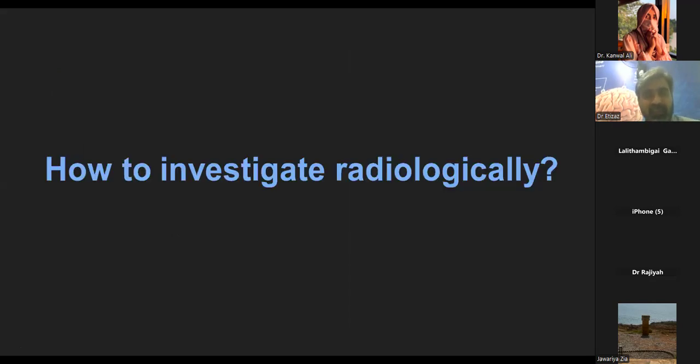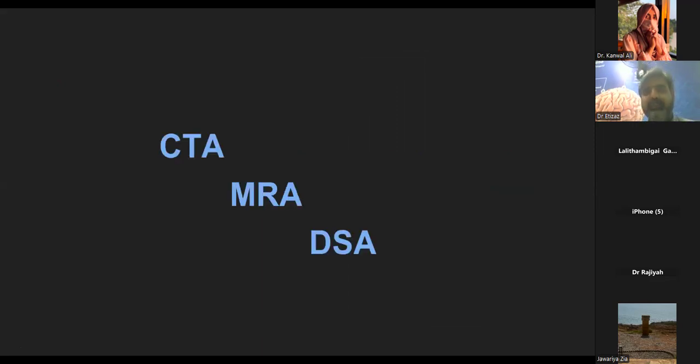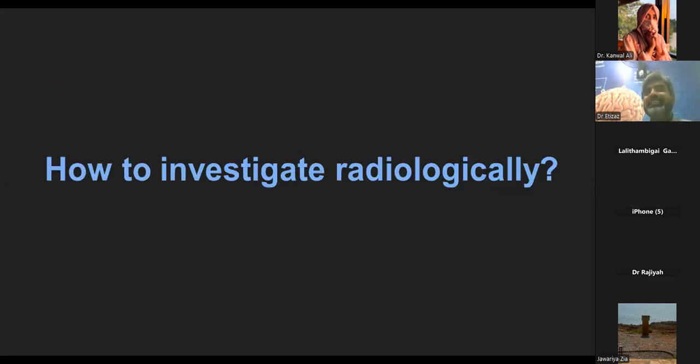So this is the test case. How to investigate radiologically in this patient? So radiologically, angiography. If we are in an emergency setting, we can go for a CT angiogram. If we have the facilities available, we can go for a DSA.